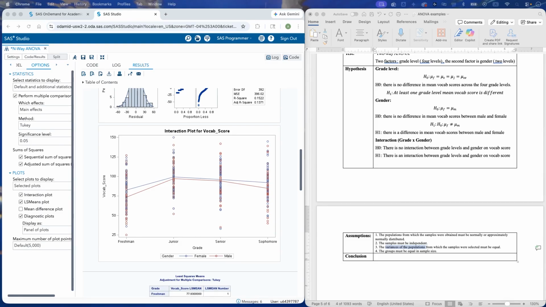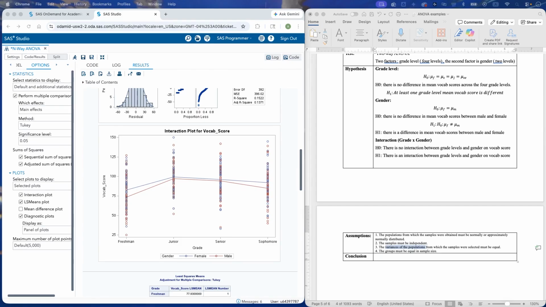If they are parallel, like in this case, and not crossing each other, then we have no interaction. The grade works the same way for both genders. But if you have an interaction, then the grade works differently depending on the gender. In this case, because they are not crossing each other and are roughly parallel, we said there is no interaction.